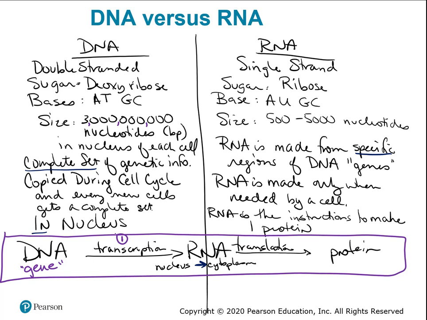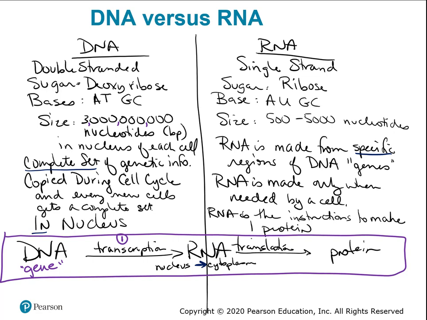Once the RNA is made, it can get moved out of the nucleus and into the cytoplasm of the cell. The cytoplasm is the larger interior of the cell. And in the cytoplasm is where you have all of the machinery to take that RNA and use it to form a protein.